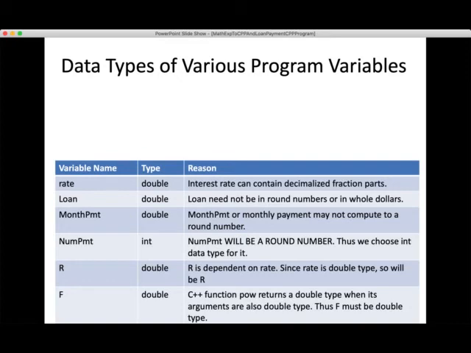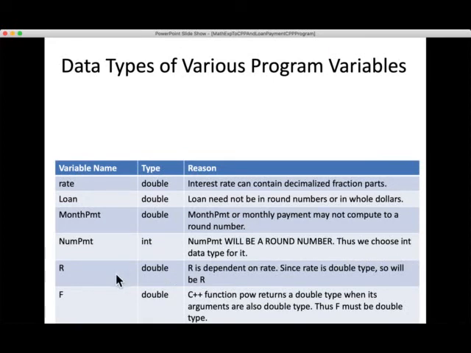You're not going to make 50.3 payments. It will be either 50 or 51. It's going to be a whole number. So I'm warning now, I'm a stickler for correct data type. Points will be taken off if the data type is not correctly chosen. Num PMT cannot be anything other than an integer, so it has to be int type. It will be a round number, so we choose the int data type for that.